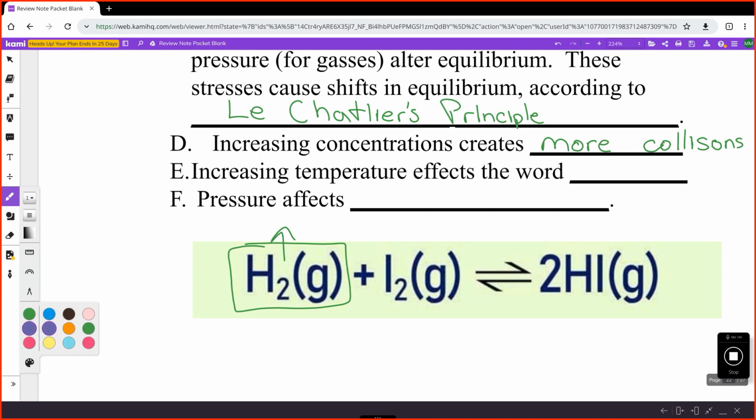What do more collisions create? They would create more products. Right? So this would be what we would call a right shift. Because there are more collisions on the reactant side, that would make more products. It disrupts the equilibrium. The forward rate of the reaction is now happening faster than the reverse rate of the reaction. Shift to the right.